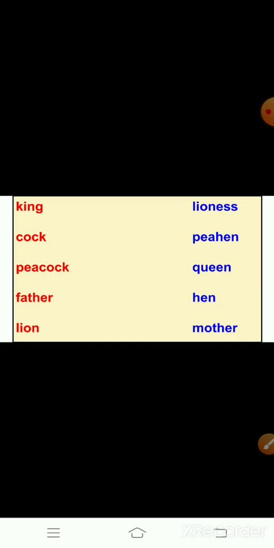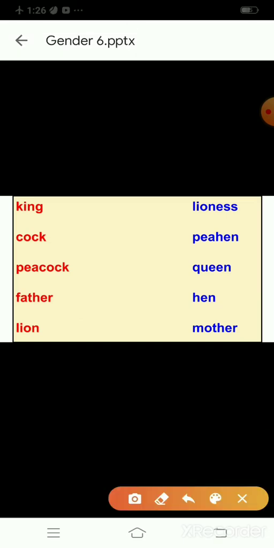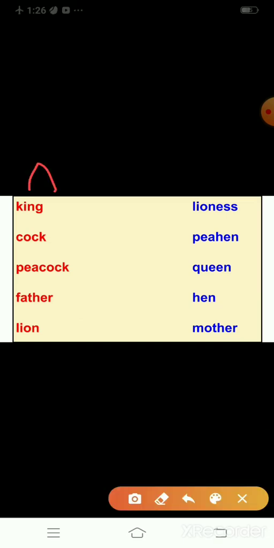So let me first read out the words for you. First I'll read out the words in the A column. This is the A column. This is the B column. Okay, children. So in the A column we have the words king, cock, peacock, father, lion.